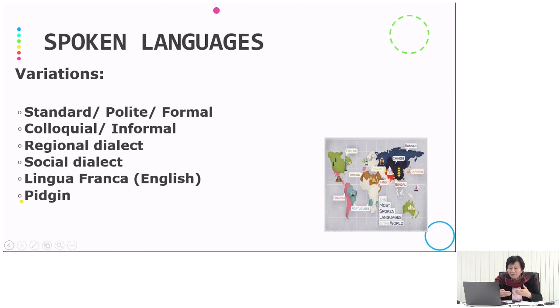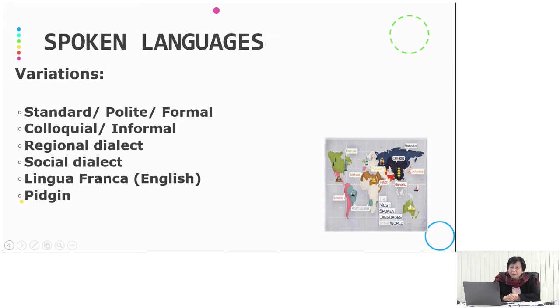The lingua franca means the language that is used to communicate between people who use different languages at the same time. Like English in Hawaii: if one group speaks Chinese and another group, in another part of the state, speaks Japanese and they don't understand each other, they use English as a lingua franca, okay?